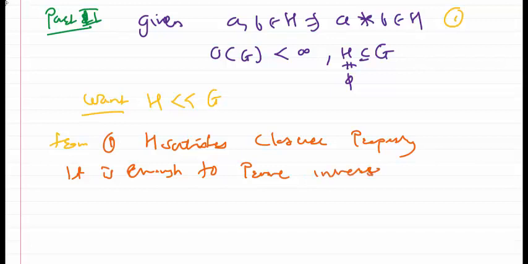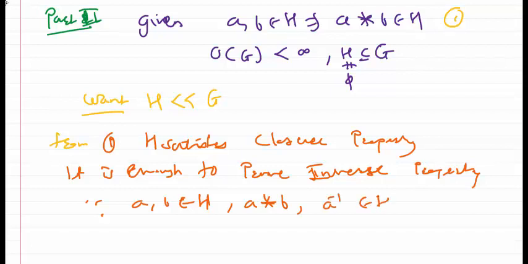Why only inverse? Just observe the theorem: if two properties are satisfied by H, that is A star B and A inverse belong to H, this implies H is a subgroup of G.